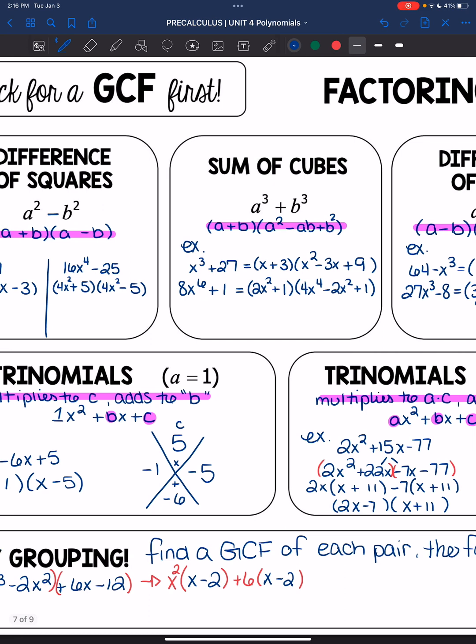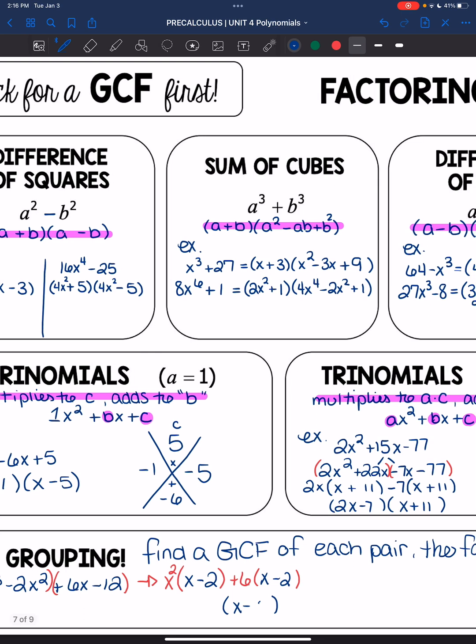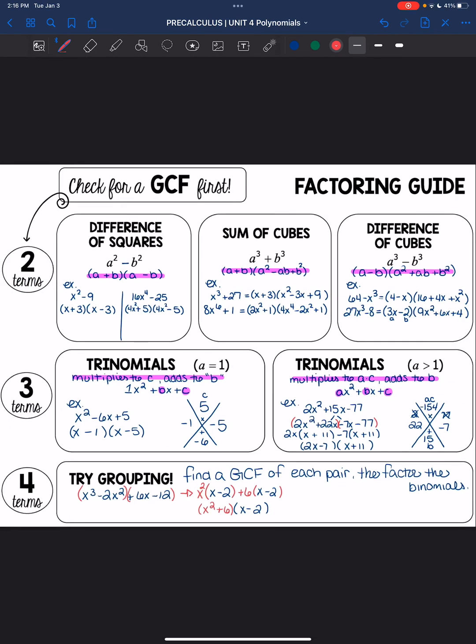So then what we have is one factor, the x minus 2, and the other factor, the x squared plus 6. Now I cannot factor that anymore because it is x squared plus a 6. It is not to be confused with a difference of squares because it is adding.